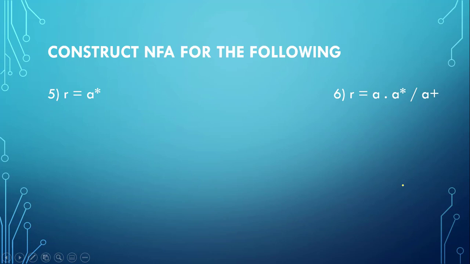Let us take another example. It is A star. So now we can see that we are slowly beginning to increase the complexity for converting our regular expressions into NFA. So here first we will draw the NFA of A. Then we will add two states, that is a start state and a final state at the start and end of our NFA.